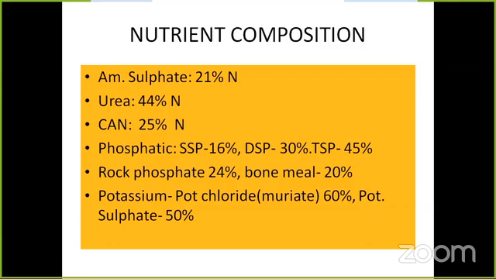Then phosphatic fertilizers: single superphosphate with 16%, double superphosphate with 30%, triple superphosphate with 45% are available. Then under the phosphatic, the natural fertilizer is called rock phosphate. It has got about 24% of phosphorus, and mostly it will be non-soluble.